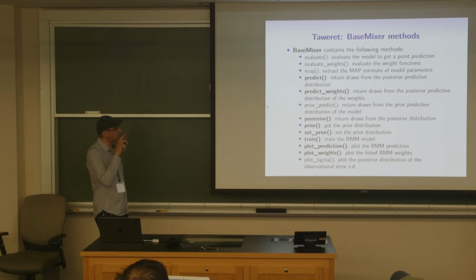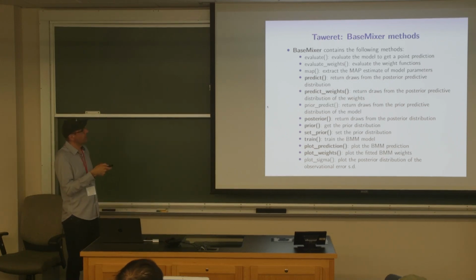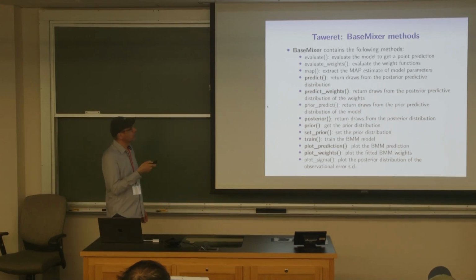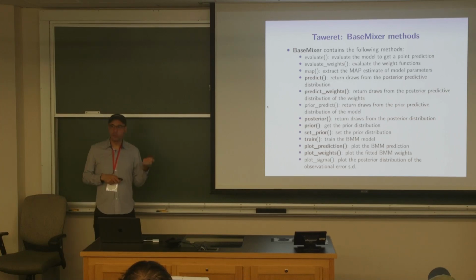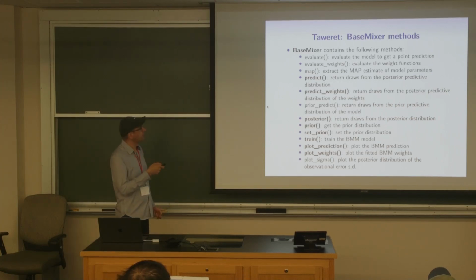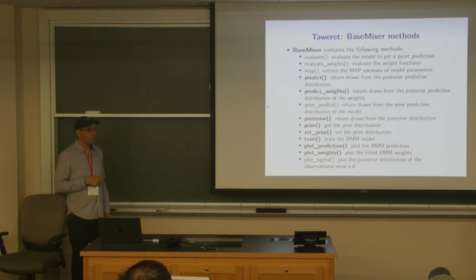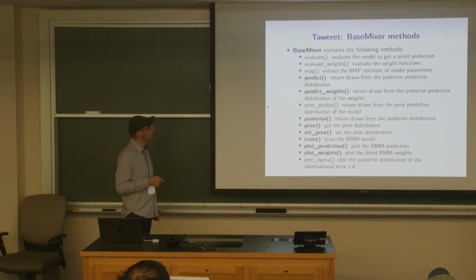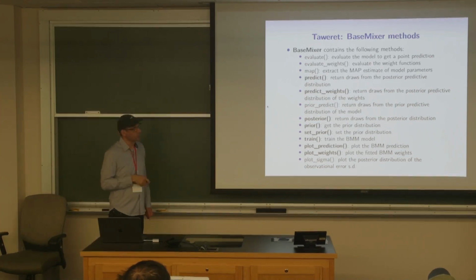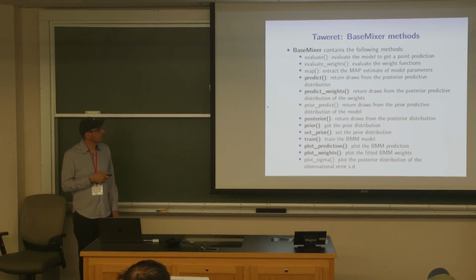And here's a description of all those methods. Evaluate just evaluates the model to get a point prediction. Evaluate weights is similar, but it'll just get one evaluation of your weights from the BMM. If you have a MAP kind of model instead of a sampling-based model, then you use this to extract the MAP estimate of model parameters. Predict returns draws from the posterior.